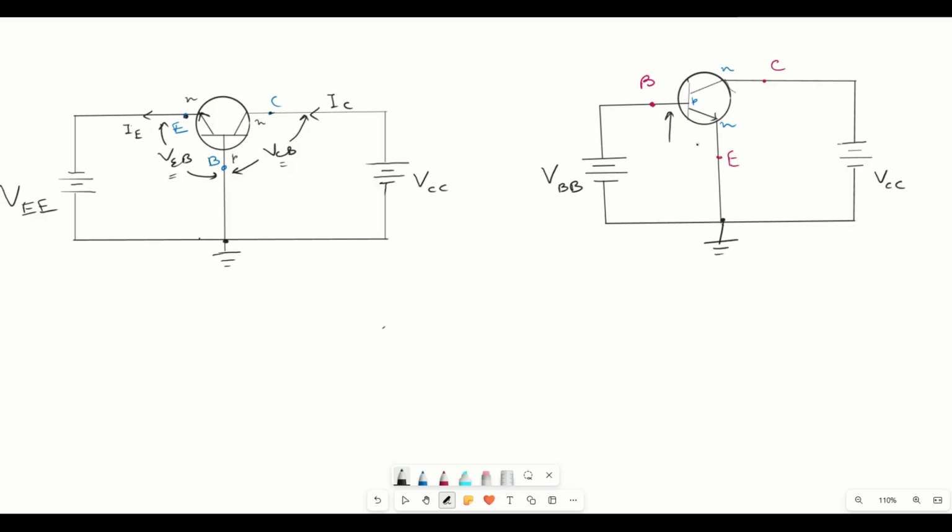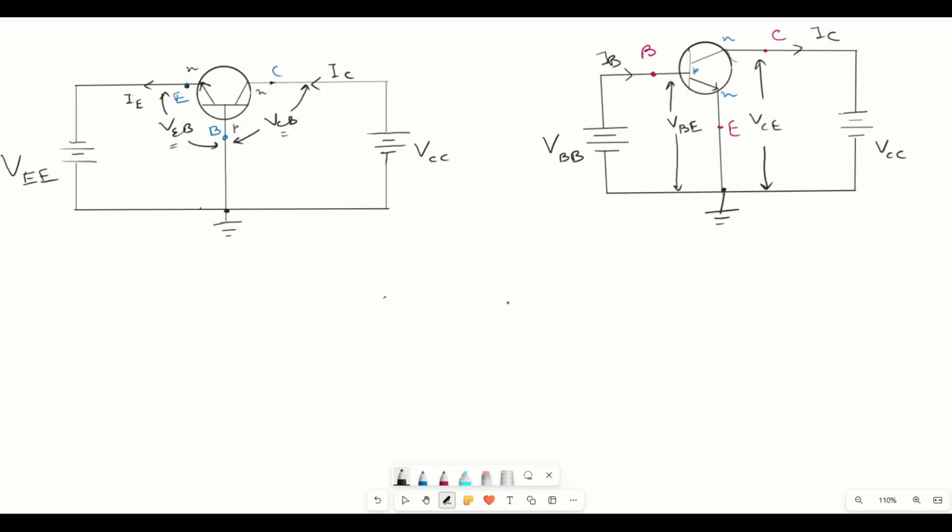And the voltage across these two terminals will be VBE, as E will be common, so it will be in the second position, and B will be in the first position. Similarly, the voltage across the output will be VCE, and the corresponding currents are IB and IC. So this is with respect to common emitter.